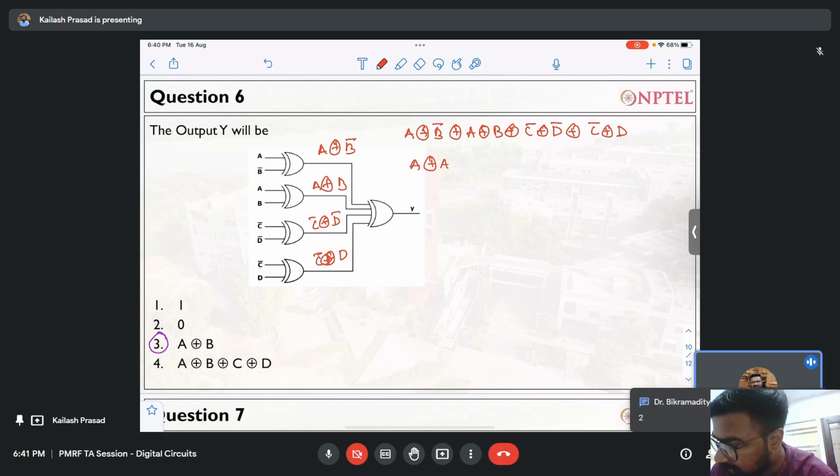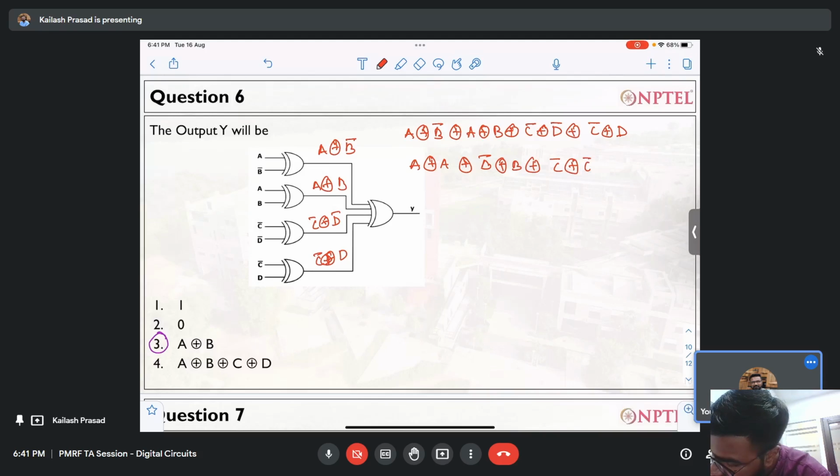A XOR A. Vikramaditya is saying that the answer is 2. Let's see. Then B bar XOR B, then C bar XOR C bar, plus D XOR D bar.